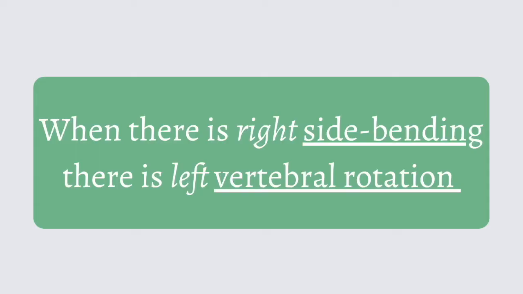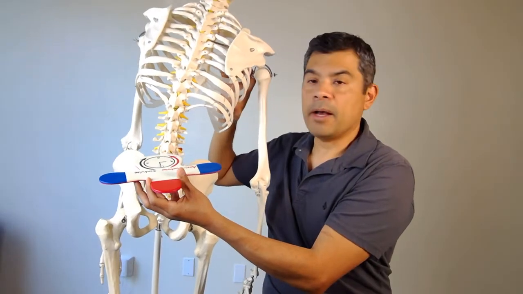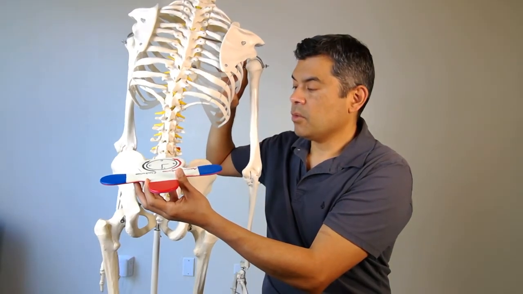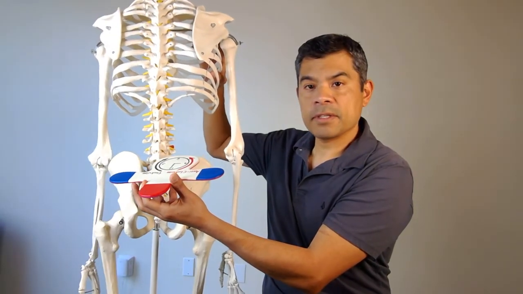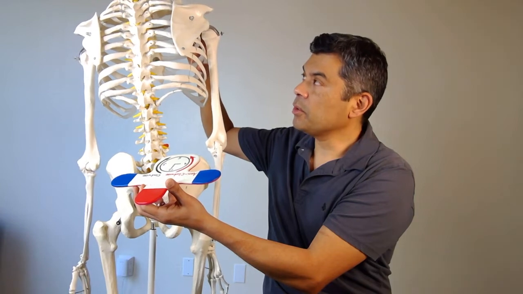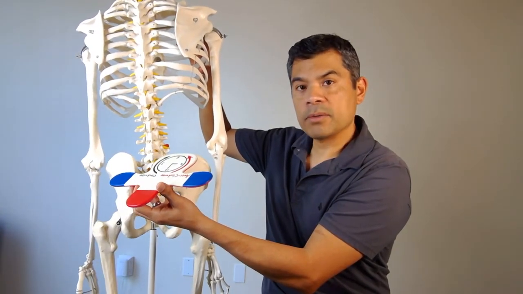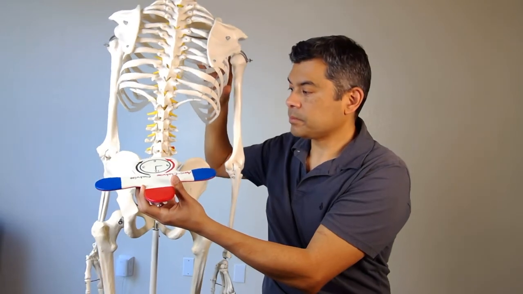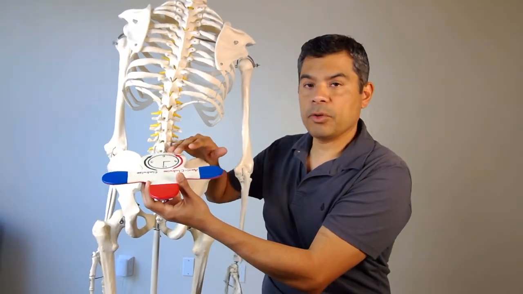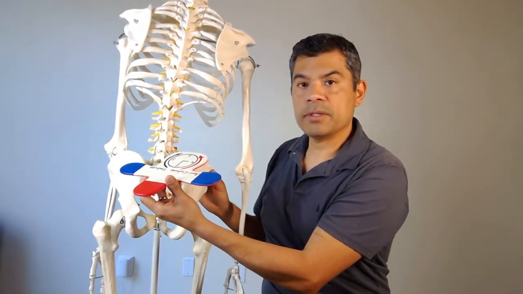So again, when there is right side bending, there is left rotation. The opposite is also the case. When there is left side bending, when Mr. Otto side bends to his left, there is right rotation. The body of the vertebra will rotate to the right.